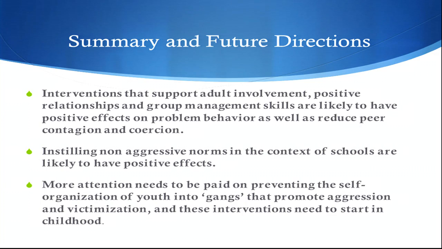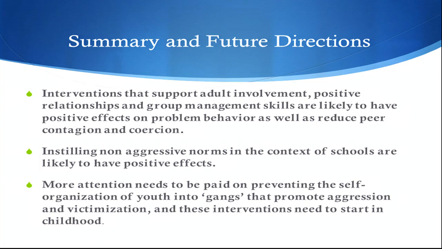Summary and future directions. From the developmental literature, it's pretty clear that if we put our investment into supporting adult involvement, building positive relationships with adults and kids, developing skillful strategies for group management, we're likely to have positive effects on problem behavior.